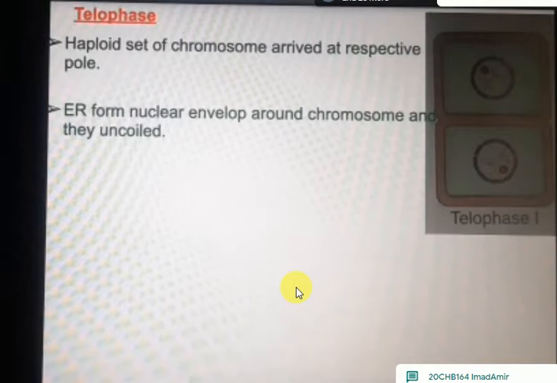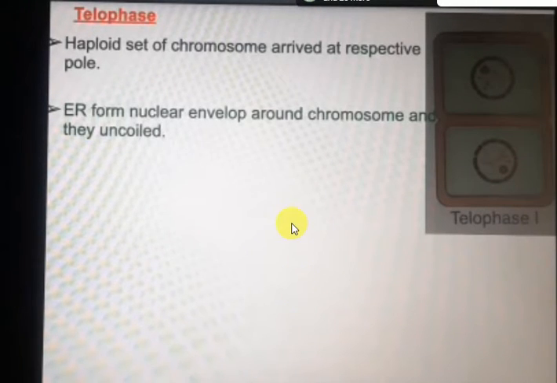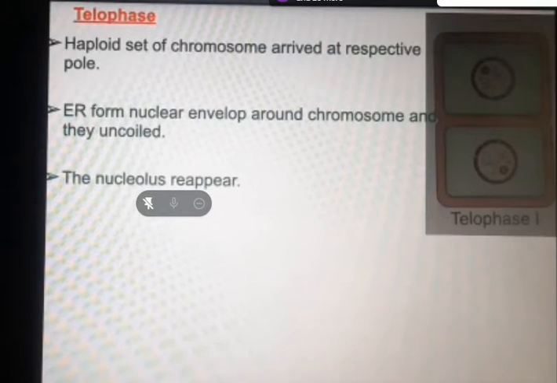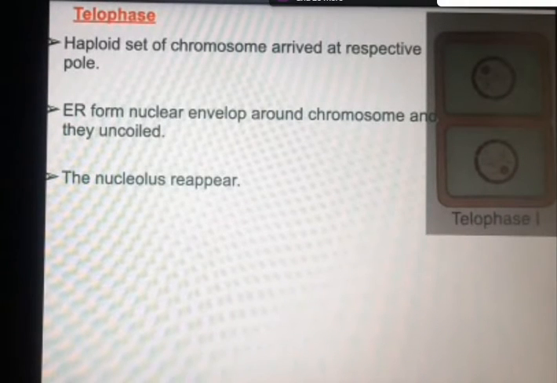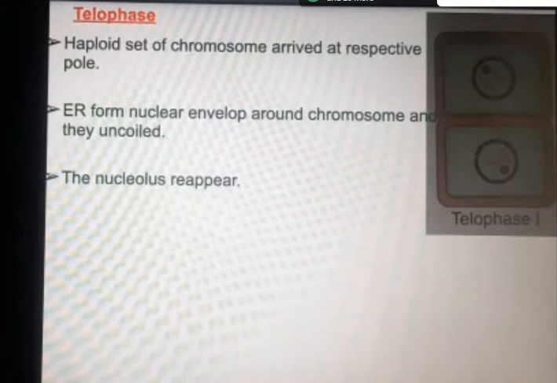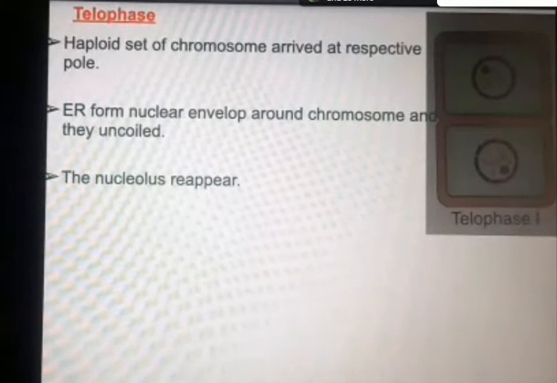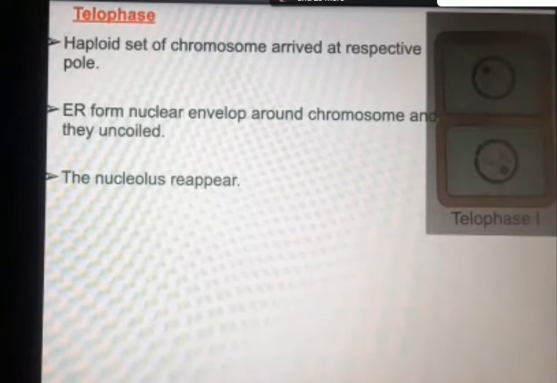Then the endoplasmic reticulum forms the nuclear envelope around the chromosomes, and they uncoil. As you know, how the endoplasmic reticulum is attached to the nuclear envelope, we will discuss in detail when we discuss the nucleolus and the nuclear envelope.